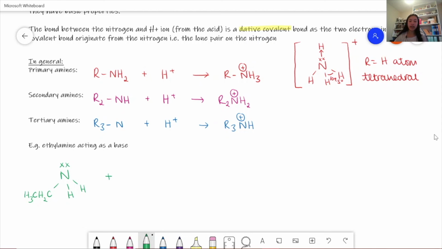And then we're adding a H plus. And what happens is that these 2 electrons move to this H plus, this positive charge, because they're attracted to it. And so what we form is this ionic salt. So we have a dative covalent bond to the hydrogen, and then we still have the ethyl group and the other 2 hydrogens.